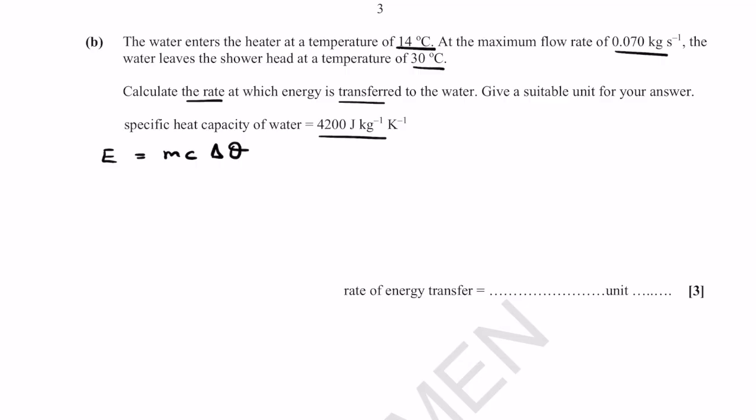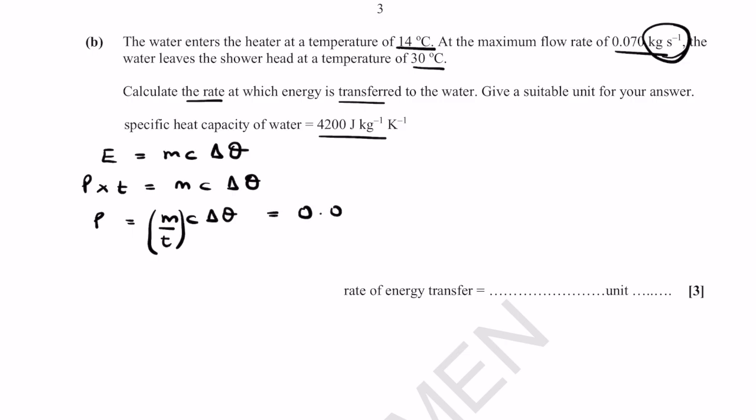If I write down E as P times T, I can calculate power by dividing both sides by T. I'm just going to keep it like this, because I am given the mass per second, so I can simply substitute that value into my equation and I would end up getting the answer.